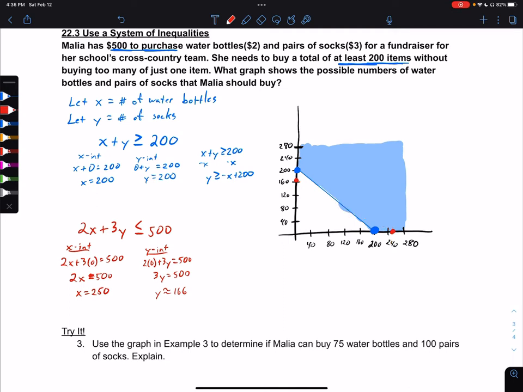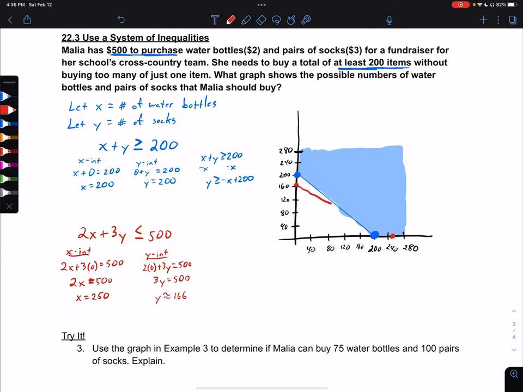Let's erase that and try again. Sorry about this. There's something going on with my screen. Let's try one more time. There we go. Okay. And then again, I'm going to isolate y so that I know which way to shade.